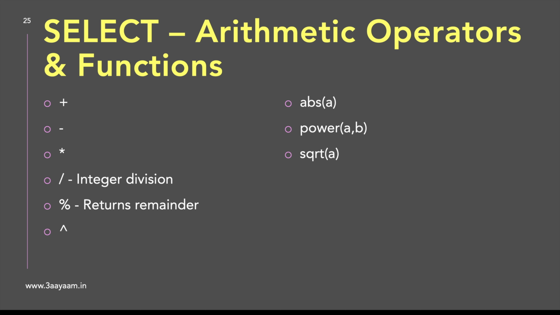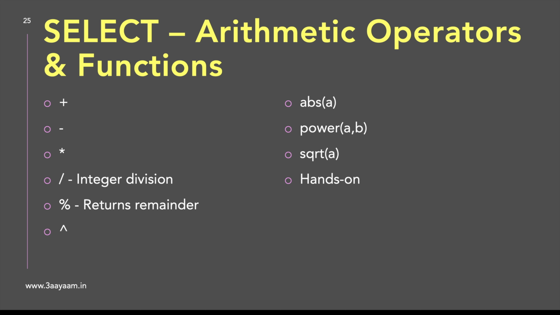So if they want to create a machine learning model, and for that, let's say they have to do some pre-processing, then these mathematical functions can be used. But plus, minus, multiplication, these are used pretty often and can be used by different personas also.